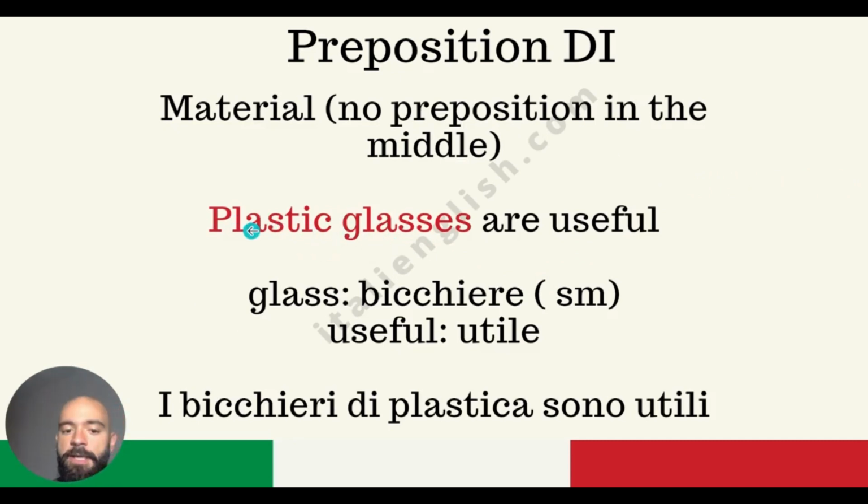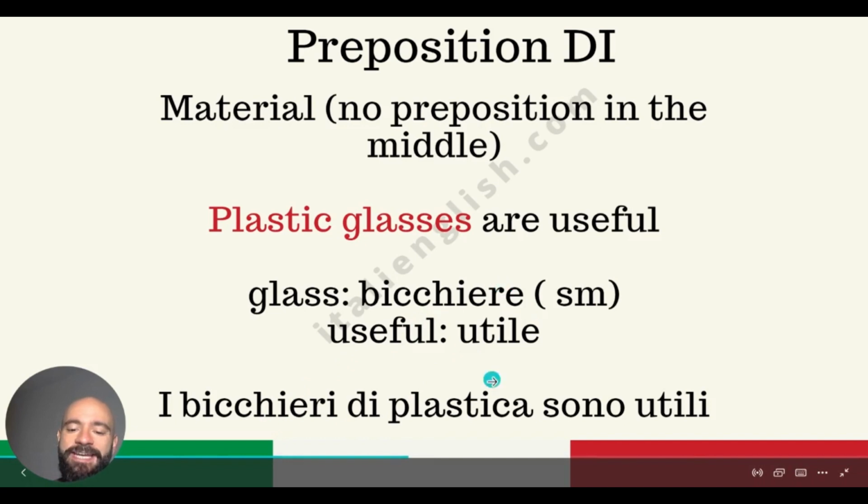Plastic is the material, and this describes the material of glasses. So there is a small chain of words, and one of them describes the material. In fact, here in between brackets, I wrote no preposition in the middle. So plastic glasses are useful. Glass in singular is bicchiere, singular masculine, and useful is utile. And in fact, the translation is going to be: i bicchieri di plastica sono utili. Okay? I bicchieri, glasses of plastica, plastic glasses, di plastica sono utili.